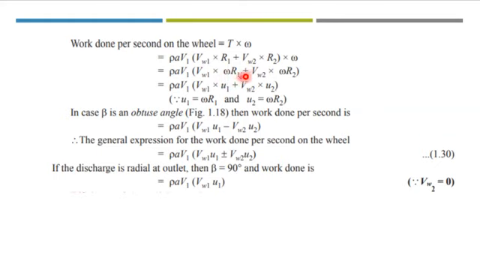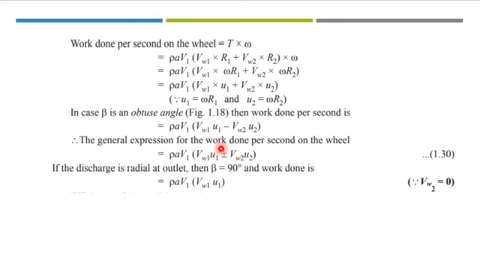So, we get the following equation for work done per second on the wheel: rho a v1 into vw1 U1 plus vw2 U2. How do we get this U1? As we have discussed, U1 equals omega R1 and U2 equals omega R2.